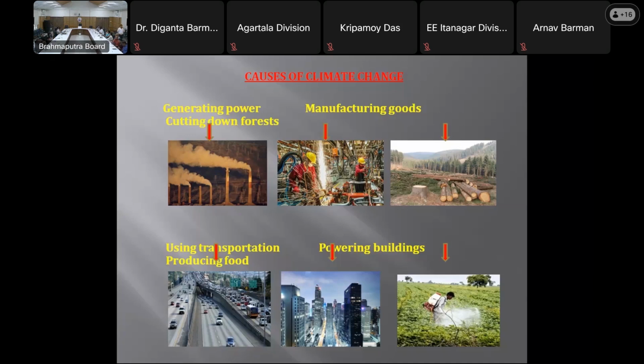And the last picture is the agricultural field, where fertilizers are used. After fertilizers are used, nitrogen gas is emitted from the agricultural field. This also causes global warming.